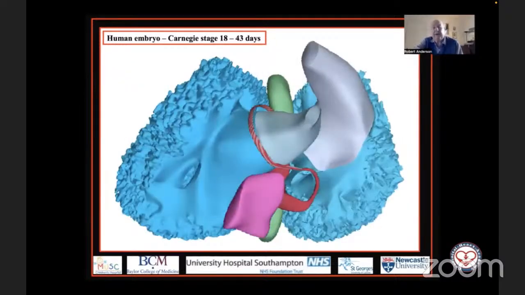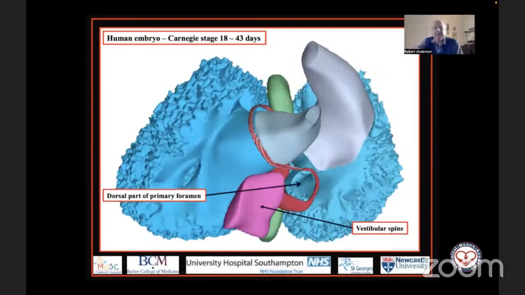We can take away the atrial chambers, the atrioventricular canal, and now you can see the remodeling that's taken place relative to the primary interventricular foramen. There is the vestibular spine, that is the buttress of the atrial septum, and you can see that the dorsal part of that initial ring is now surrounding the orifice of the tricuspid valve.